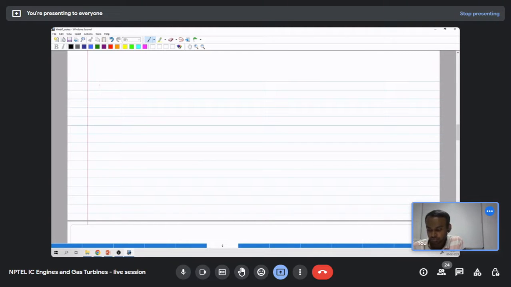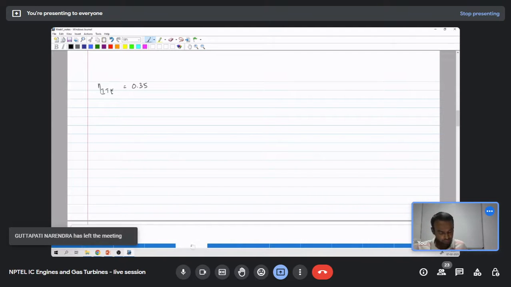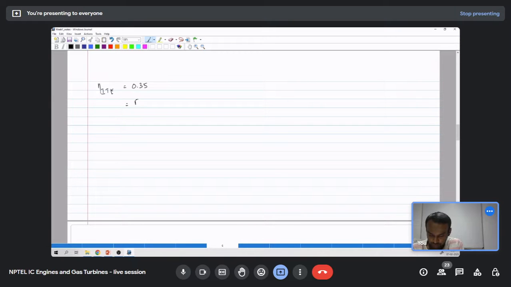So this is indicated thermal efficiency. Indicated thermal efficiency is given to be 35%. So this is indicated work by fuel energy.